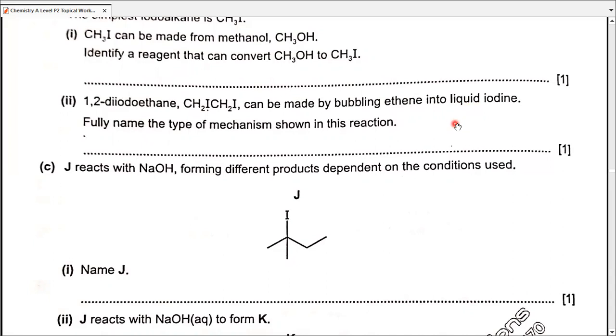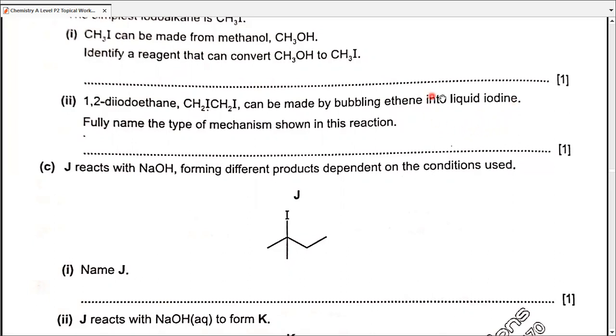If examiners tell you something, just go according to it. You can suppose it as an assumption-based question. You can go with any kind of assumption, that's totally all right in a paper.